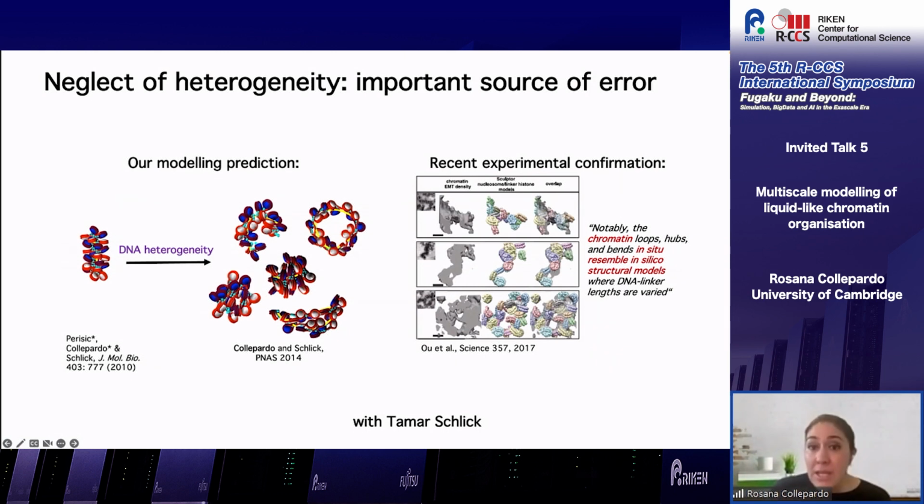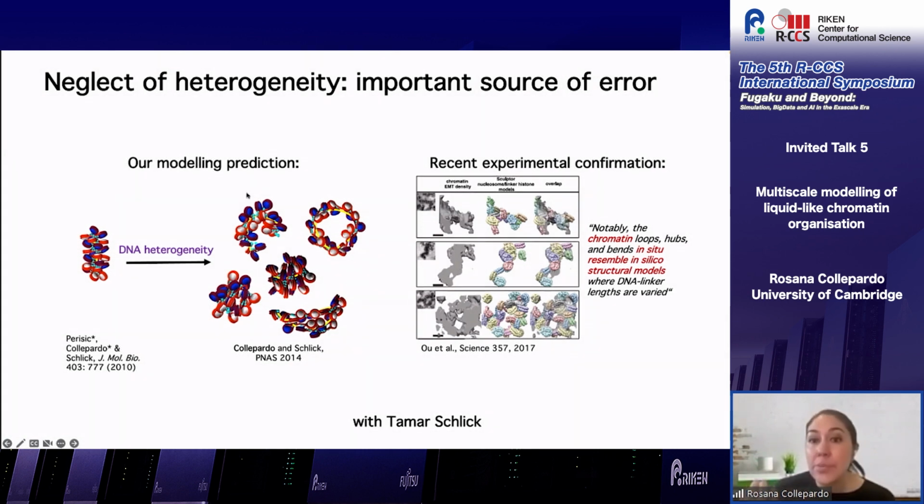However, if we consider variations in this DNA length, as occurs in vivo, we now observe a complete transformation of the structural landscape favoring polymorphism, as I'm showing you here on the right.